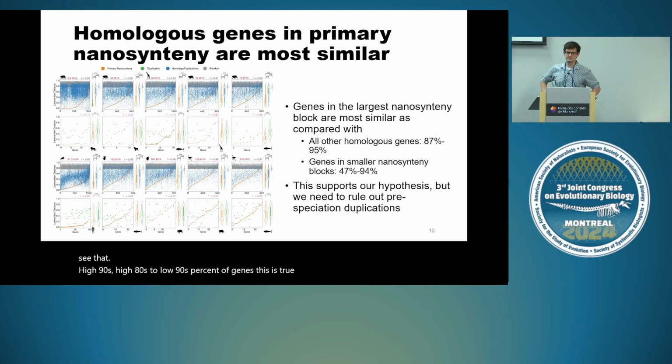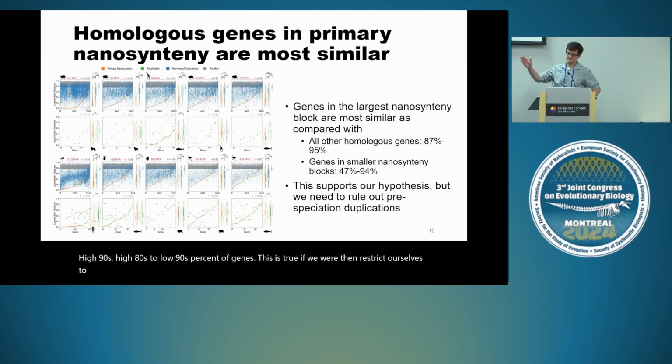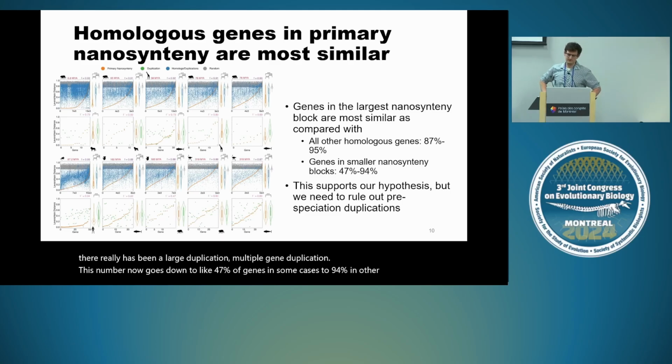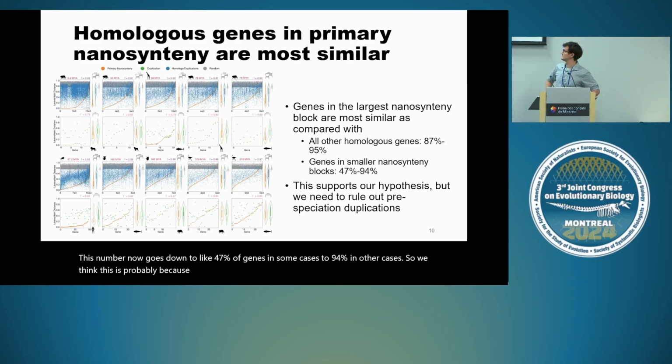If we then restrict ourselves to only looking at genes that are in more than one block of conserved genes, meaning where there really has been a large, multiple gene duplication, this number now goes down to like 47% of genes in some cases to 94% in other cases. So we think this is probably because of that problem that I mentioned at the beginning, where we really need to differentiate between cases where the duplication happened before and after speciation.